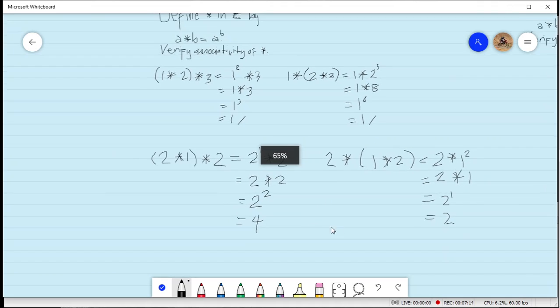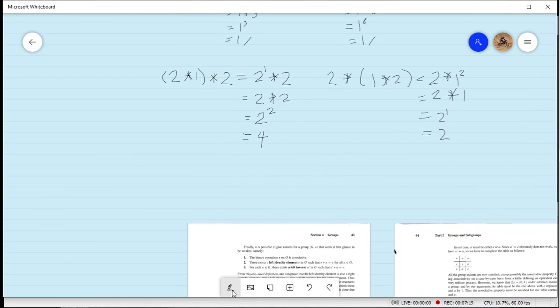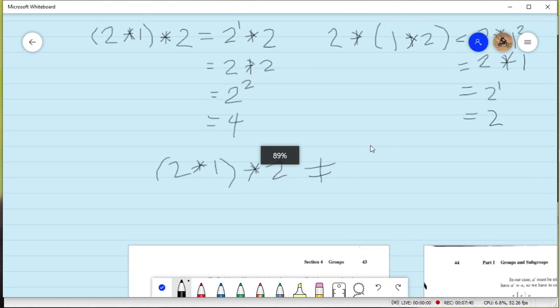Hence, we see that the quantity 2 operation 1, operated 2, is not actually equal to 2 operation the quantity 1 operation 2.